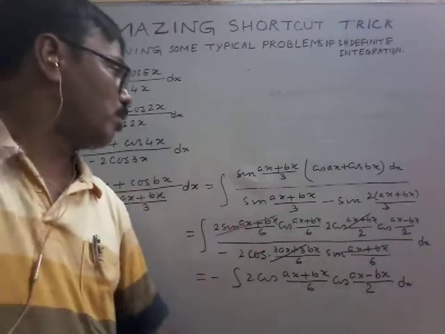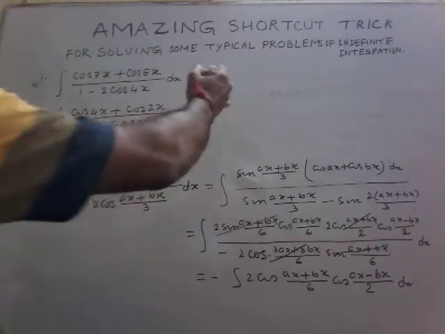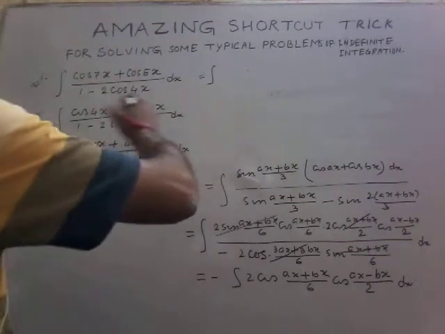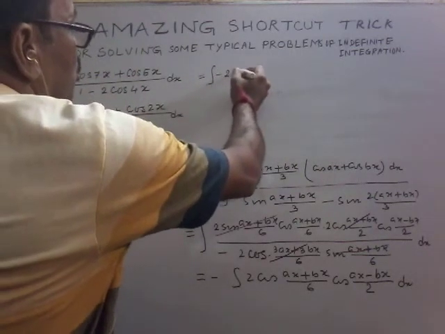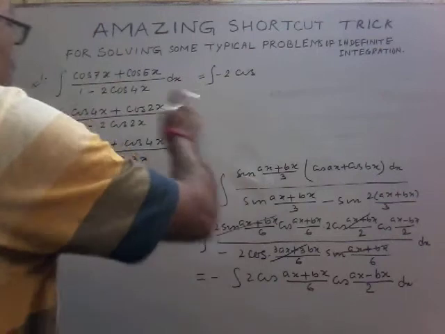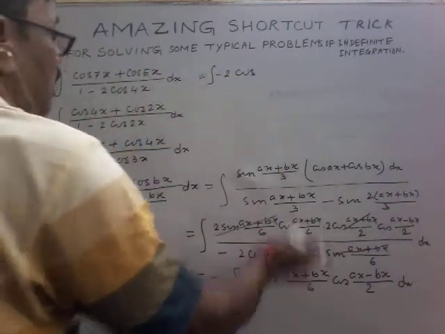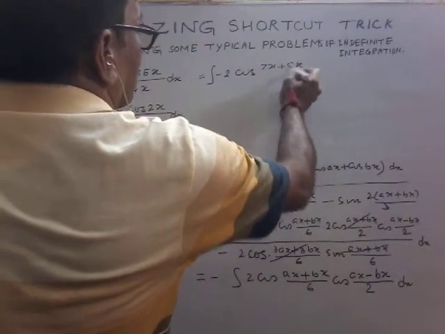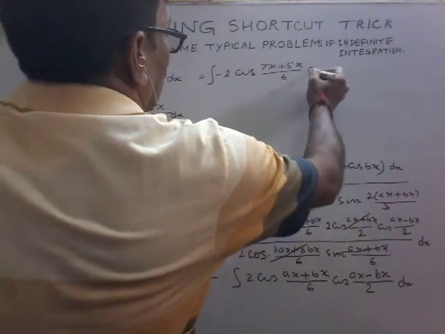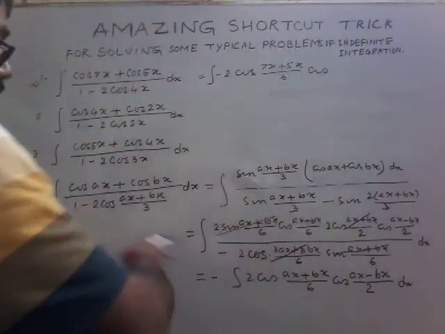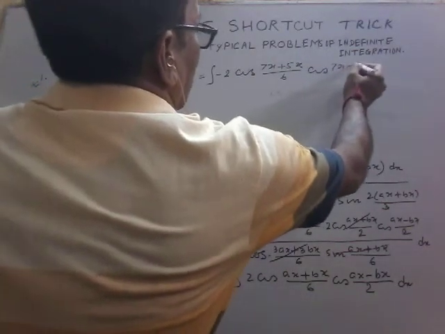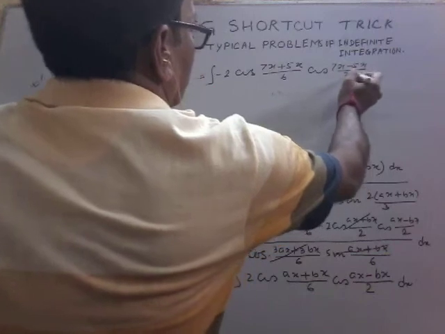So look at problem number 1. What will be our result? Minus 2 cosine of the sum of angles by 6, so (7x + 5x)/6, into cosine of the difference of angles by 2, (7x - 5x)/2.